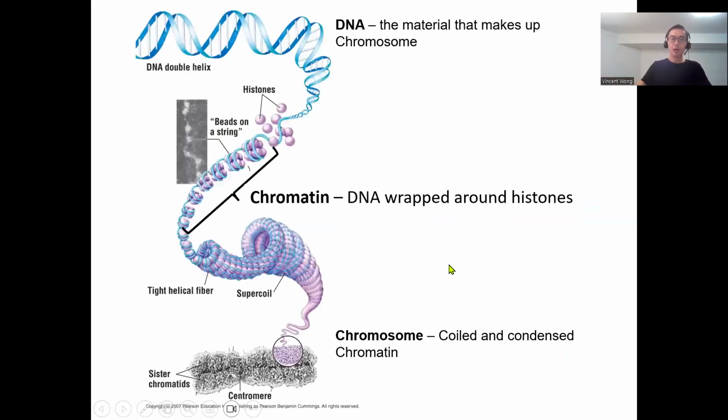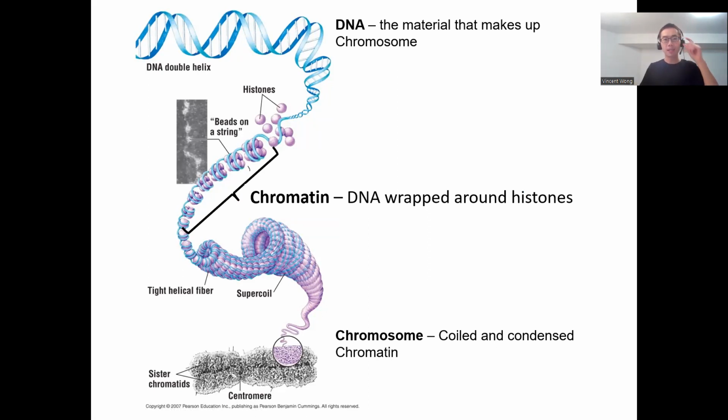Now, just a recap on DNA structure, so that you understand better. Here we have the DNA double helix, which is just the nucleotides connected together with nothing else. That's just the basic macromolecules. But we know that it is actually very long and it will never fit into the nucleus.